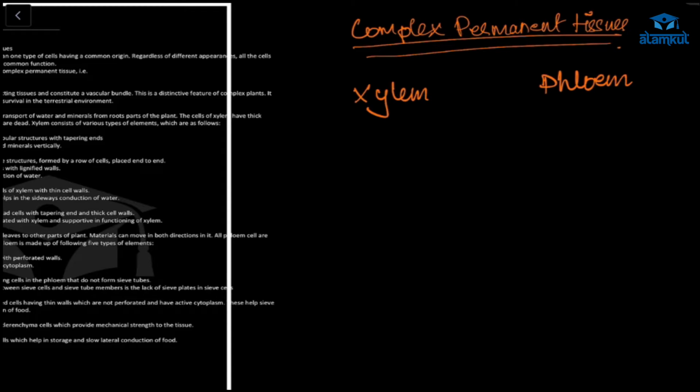You didn't go into detail about it. Okay. What is complex permanent tissue? They are made up of more than one type of tissue and they coordinate to perform a function.